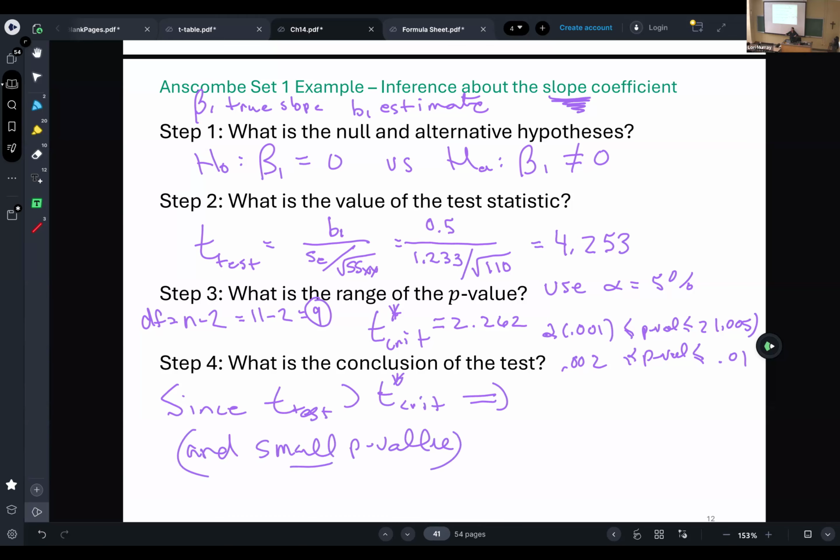What do we do? We reject. And we reject, and this is good, right? We reject the null hypothesis, and therefore X is related to Y. X is significantly related, it's a good predictor, and that's how we know we have a significant predictor.